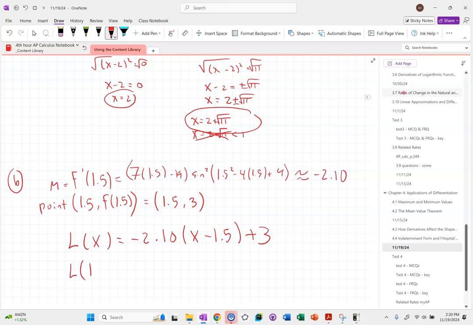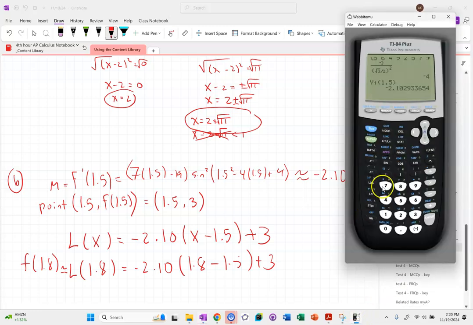And then I want to use that to approximate f of 1.8. So I'm just plugging 1.8 into this. So I go to my calculator, take that number times 1.8 minus 1.5, plus 3. So I get about 237.